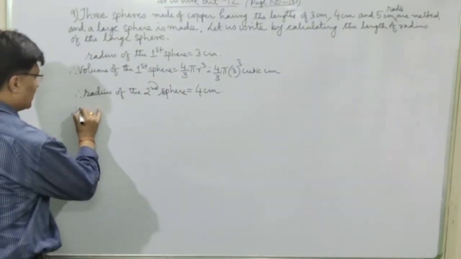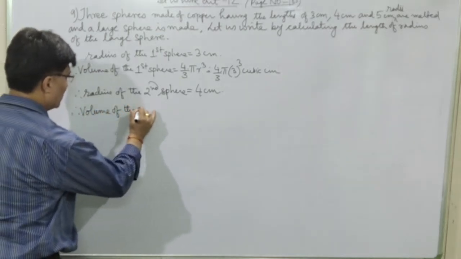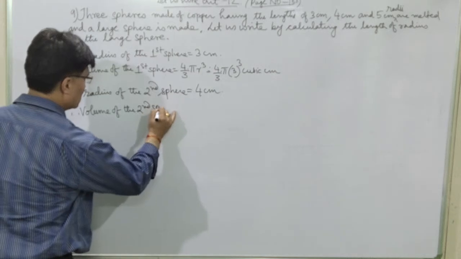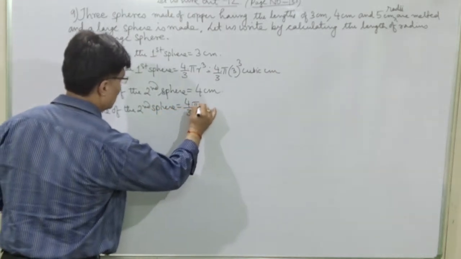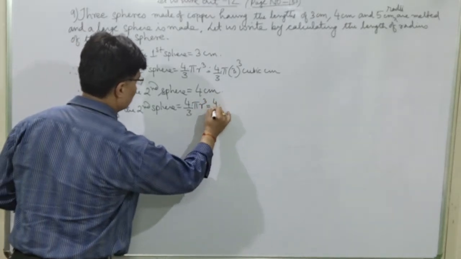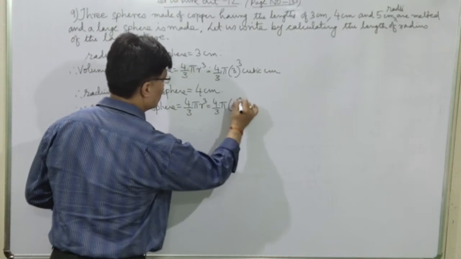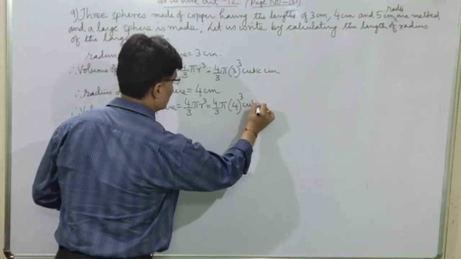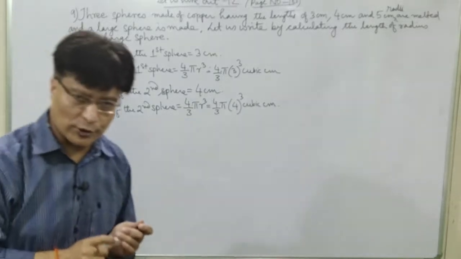So therefore, volume of the second sphere is equal to 4/3 pi r cube is equal to 4/3 pi. What is r whole cube here? It is 4 whole cube cubic centimeter. So I think you have understood this one also.